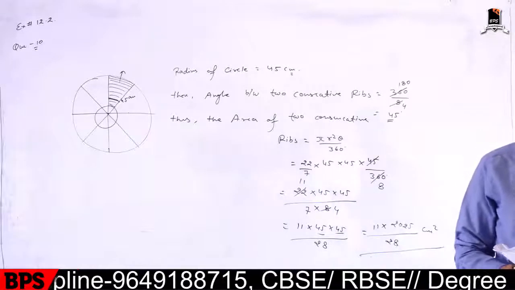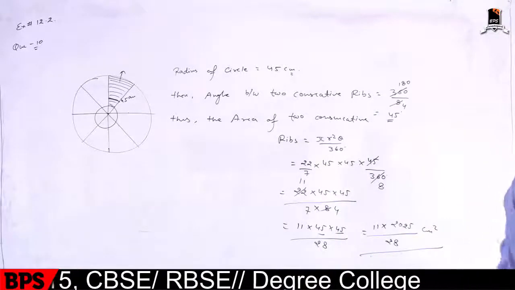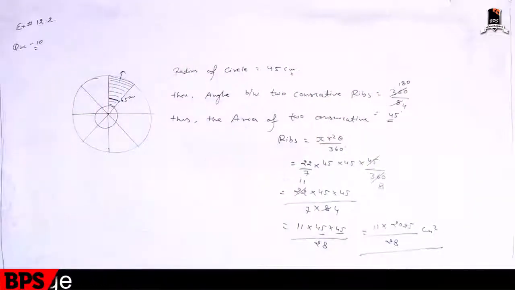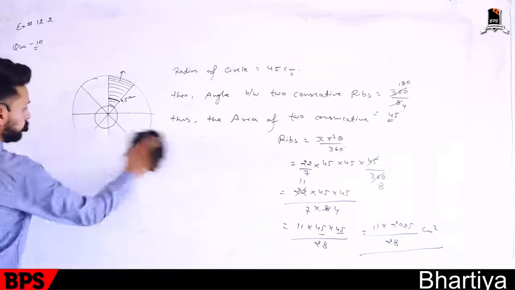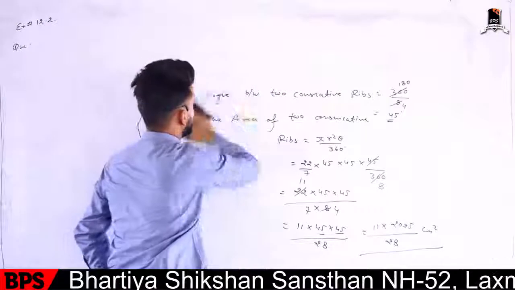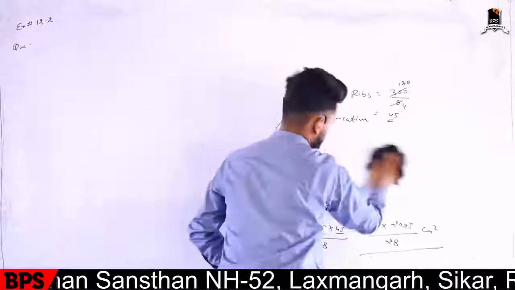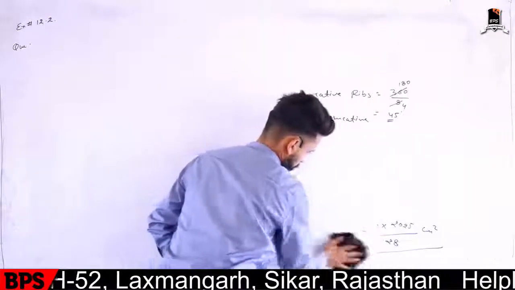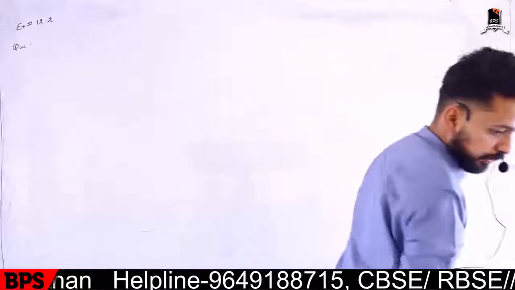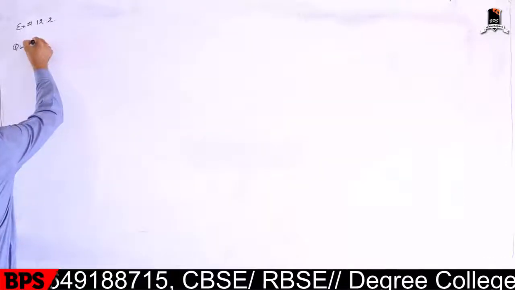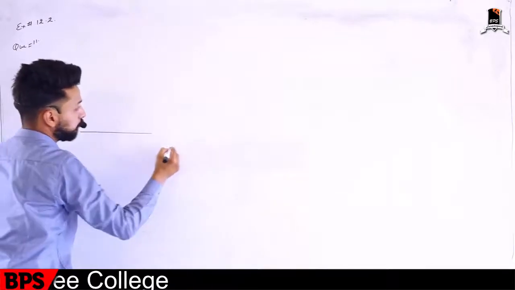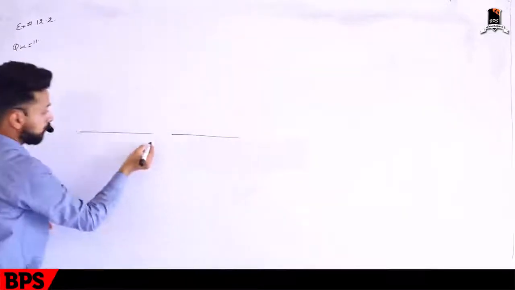Find the total area cleaned at each sweep of the blades. Question number 11. A car has two wipers that do not overlap.